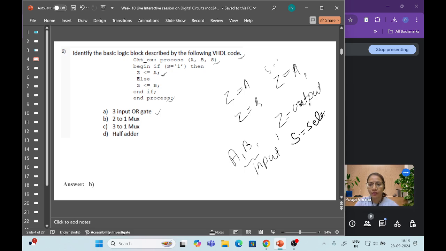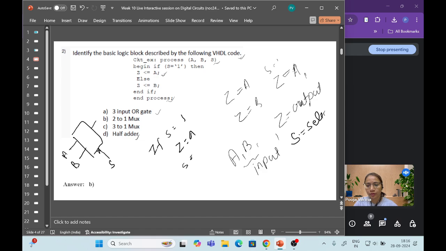A half adder could be possible, but it is not, because here it is given that if S is equal to 1, then the output is A. That means we can have a 2 to 1 multiplexer: A and B are the two inputs, with one selection line. A 3 to 1 mux is not possible here.